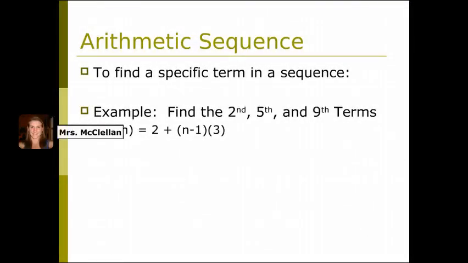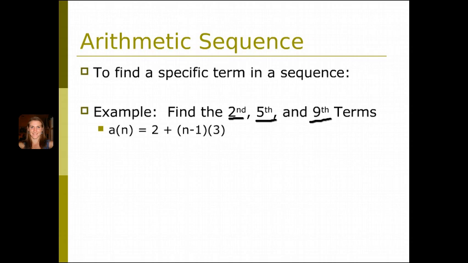Okay, so in arithmetic sequences, we are going to find a specific term in the sequence. And in our example, we need to find the 2nd, 5th, and 9th terms. As discussed on the slide before, your n is the term that you're looking for.